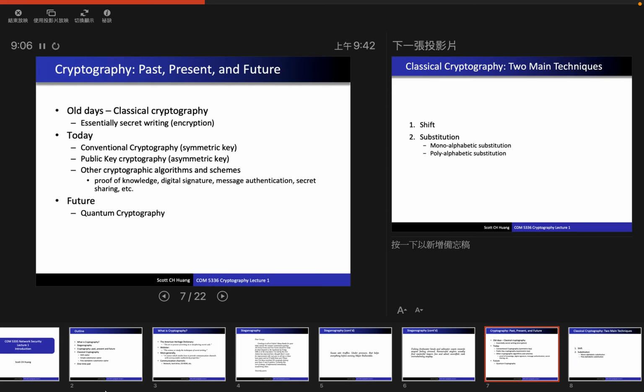This actually opened new doors of cryptography. And this happened something like 40 years ago. RSA was the first one.